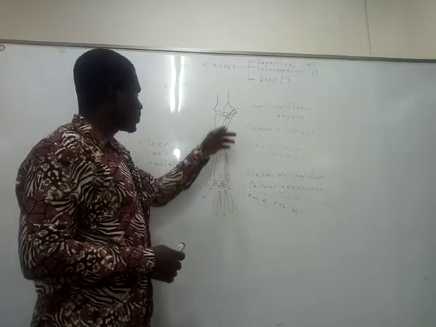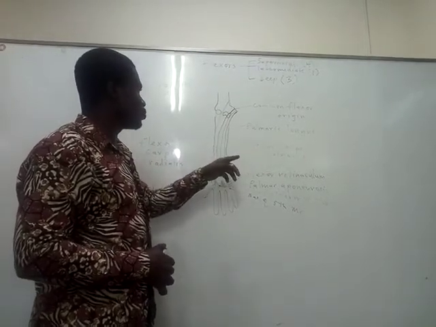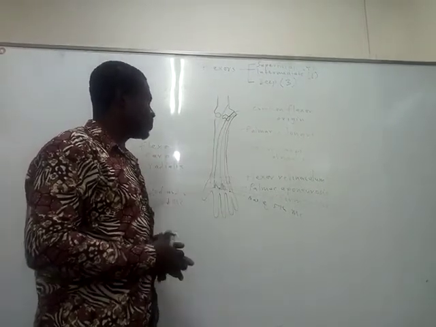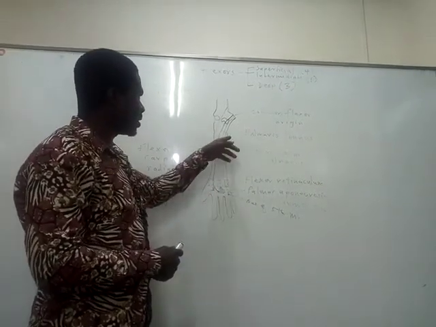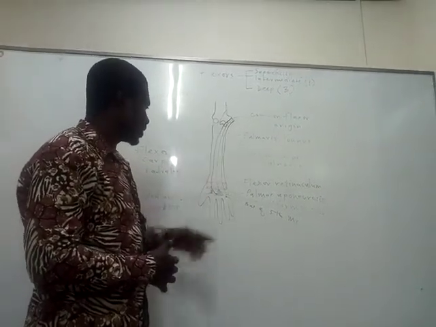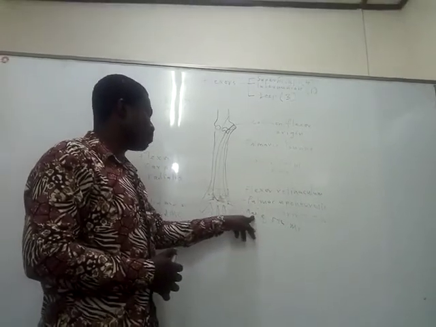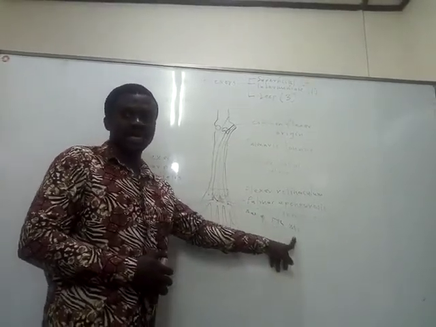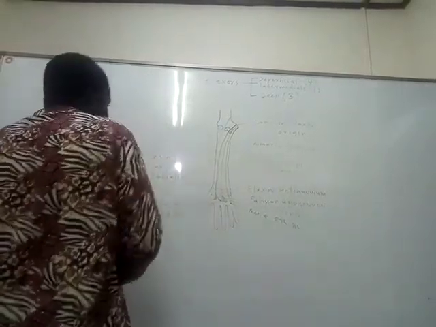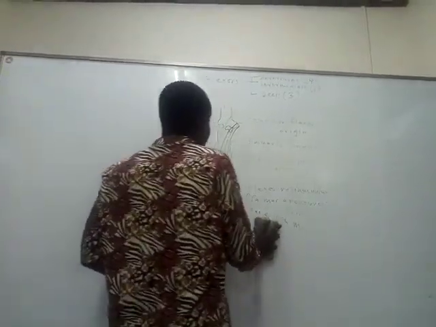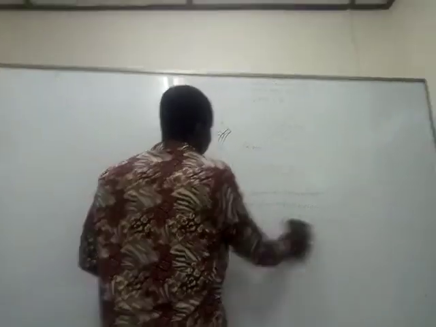And the last one we talk about in this group is the flexor carpi ulnaris. It takes origin from the same common flexor origin, but inserts at the base of the fifth metacarpal. So, moving on, we want to look at the intermediate group of muscles.